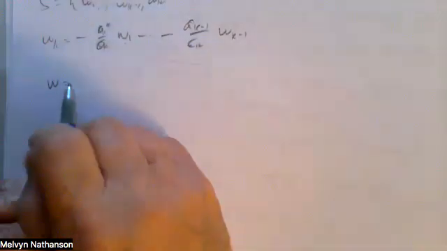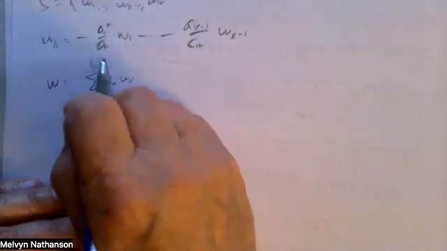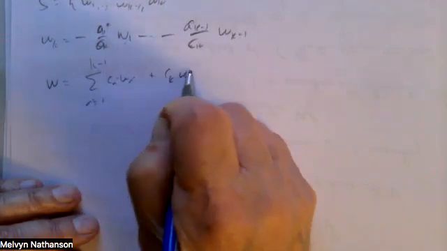So if W is some linear combination, the summation of ci Wi, i goes from 1 up to k, that's the sum up to k minus 1 plus ck Wk.